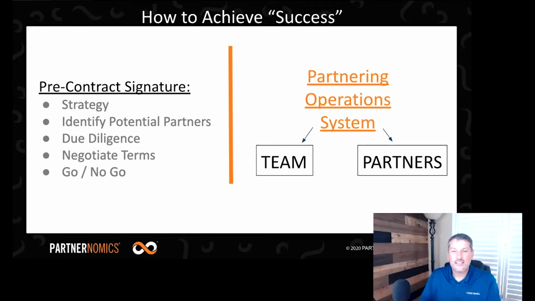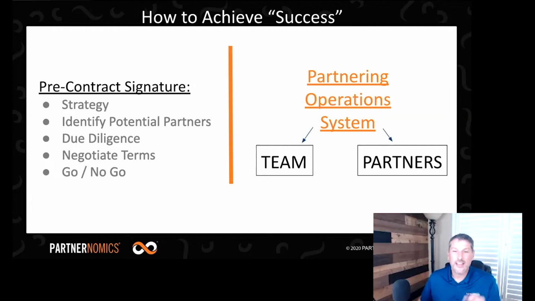How can we set up and structure our teams so that we can maximize our opportunities for success? And then after we have that solid team in place, we're going to put some partners in place, we're going to execute some agreements, and now we need to manage those agreements to get the results out of them.